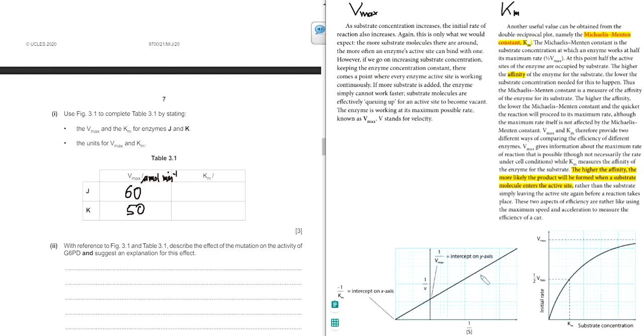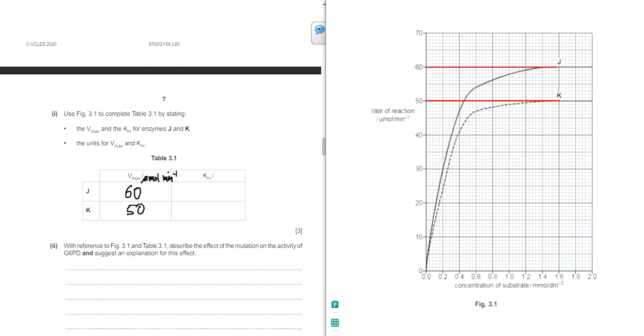This is how we can find Km on this plot. Easier for us is this method, so let's go over it.